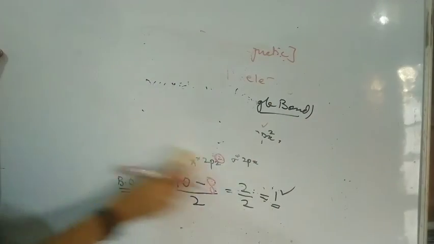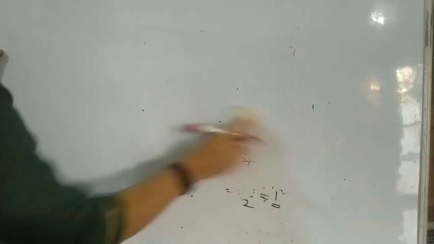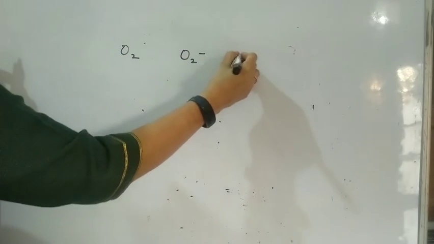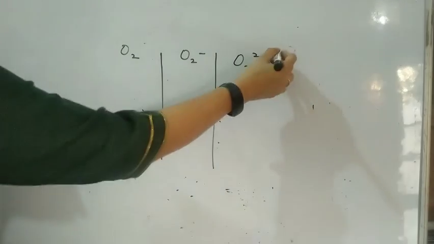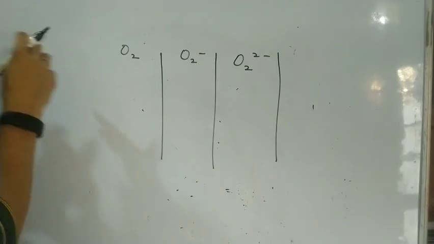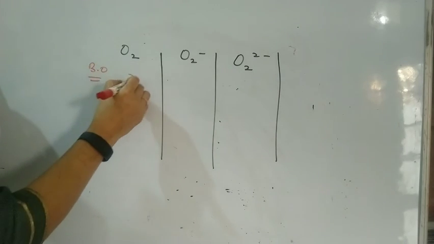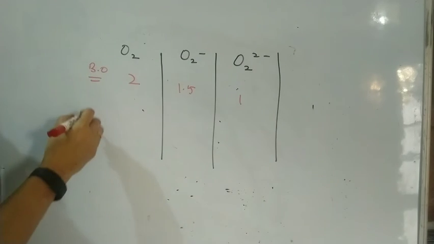Let's take a little summary here. We have talked about O2, O2 negative and O2 2 negative. O2 was having bond order 2. I'm writing here bond order 2, 1.5, 1.